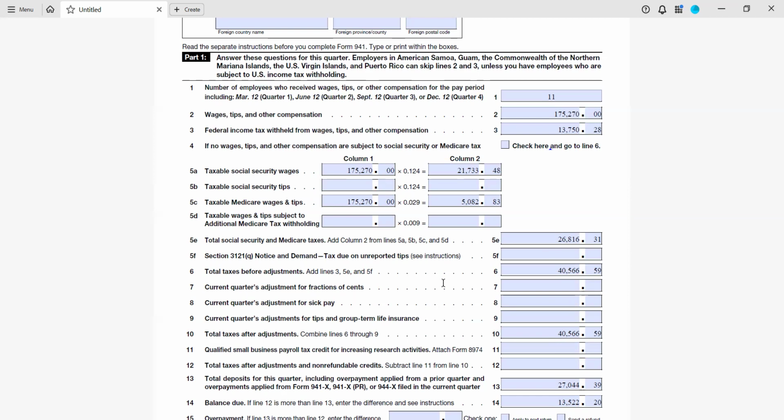Okay? So during this period within Bowens Tax Solutions, we have 11 employees. Now remember, this is going to be employees, not contractors. So we're going to put that number 11 here.